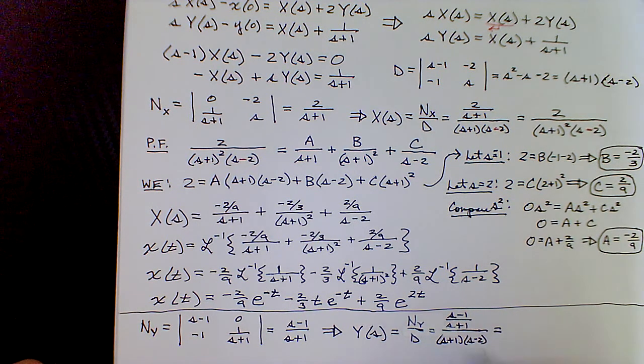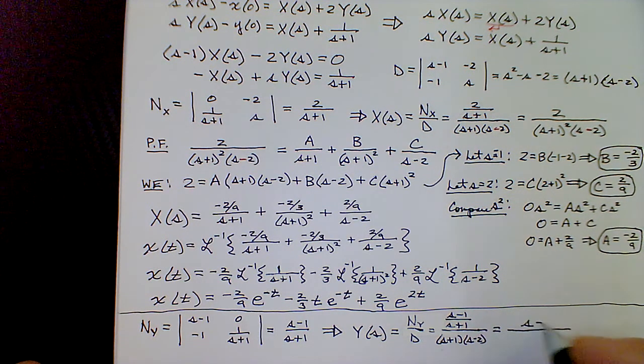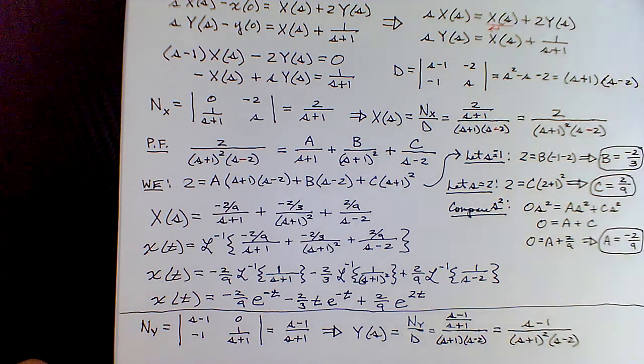So similar to last time, think of inverting this denominator and multiplying, or that this s plus 1 gets absorbed, however you think of it. We'll get s minus 1 over, now 2 factors of s plus 1, so s plus 1 quantity squared times the s minus 2.